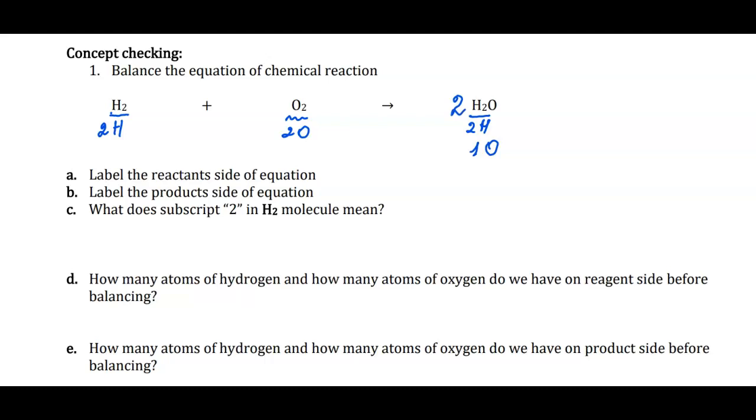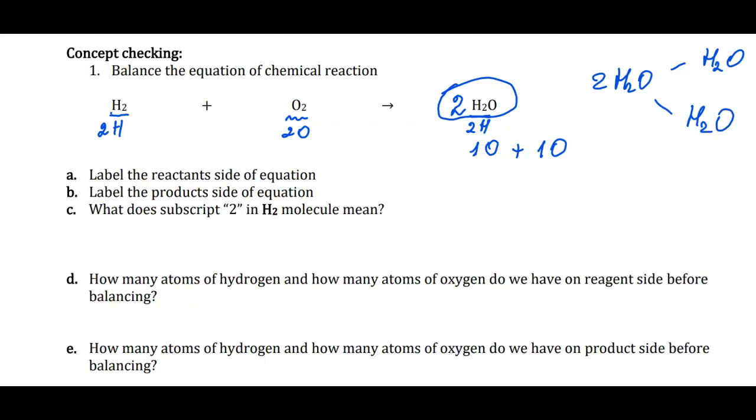Coefficient 2 in front of H2O. That gives us 1 and 1 oxygen, right? Because this writing shows us that 2H2O gives us H2O one time and H2O another time. And you can see one oxygen and one oxygen.